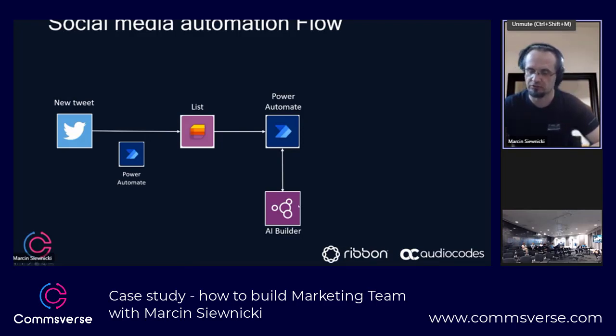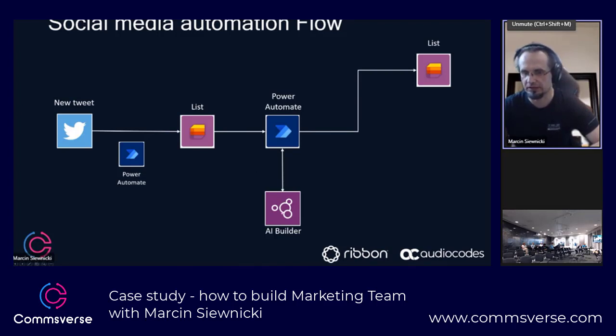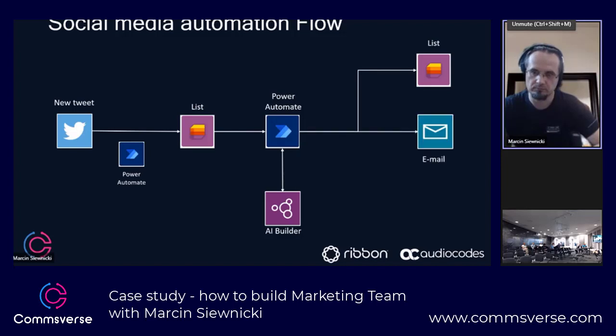It required additional licensing. Then, based on the AI Builder and Power Automate outcome, I update this list item, so everyone in my team knows if this specific tweet is positive, negative, or something else.